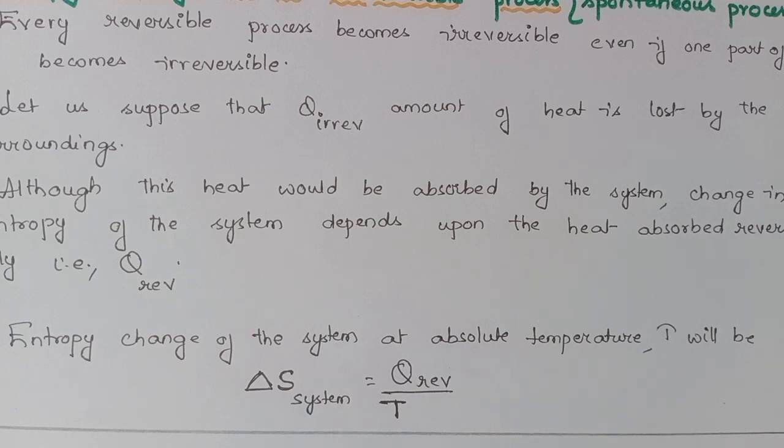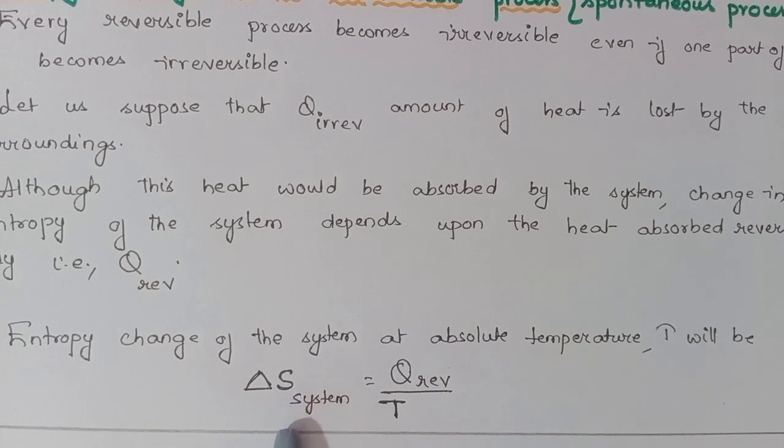Now, I will ask you one question. What would be the entropy change of surroundings? How to write entropy change of surroundings? Here we have taken delta S system. Entropy change in surroundings, delta S surroundings, is equal to what? Look at the second sentence. Let us suppose Q irreversible amount of heat is lost by the surroundings.